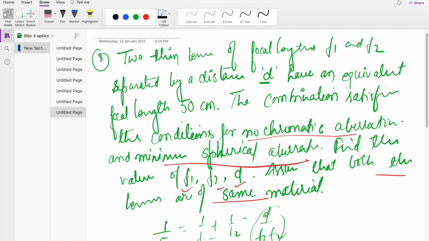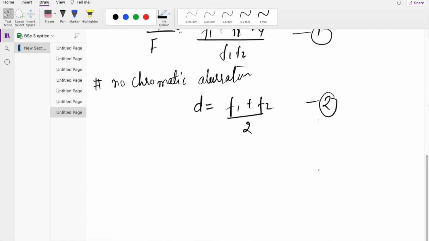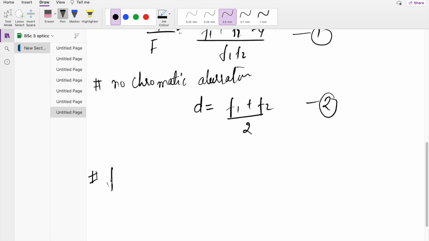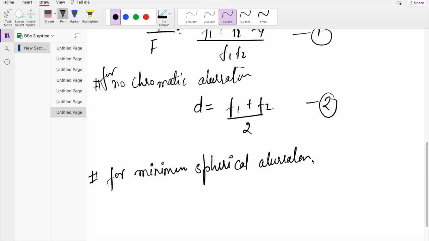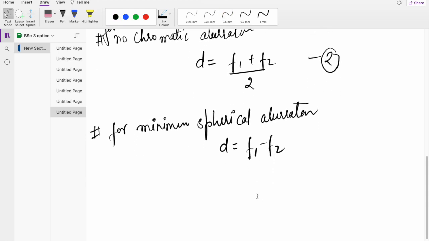And another is for minimum spherical aberration. The third condition is for minimum spherical aberration: the separation between the lenses must be d equals f1 minus f2.